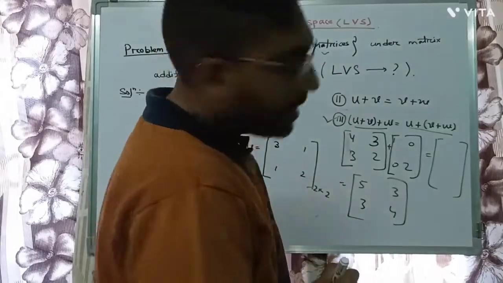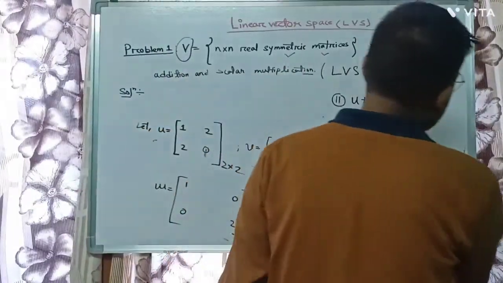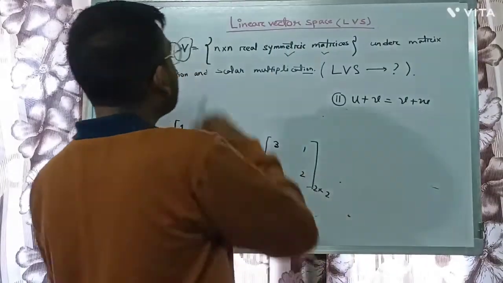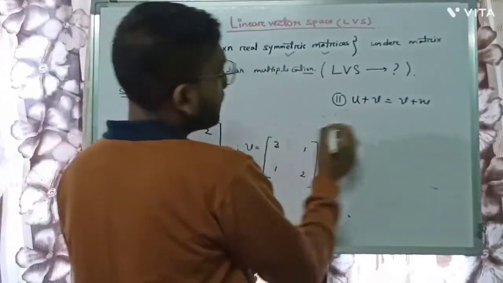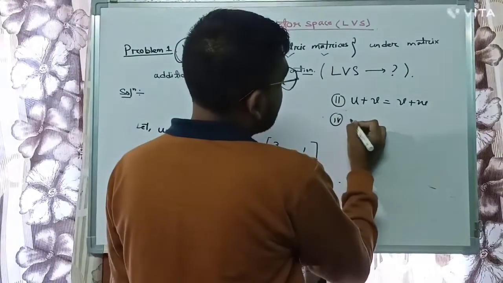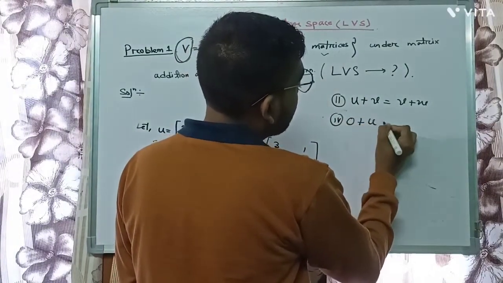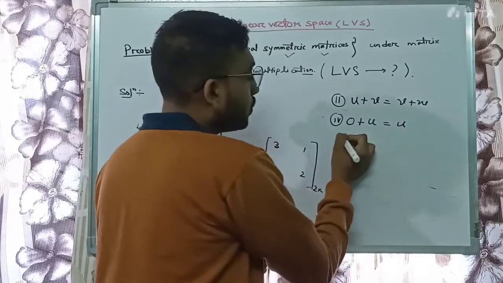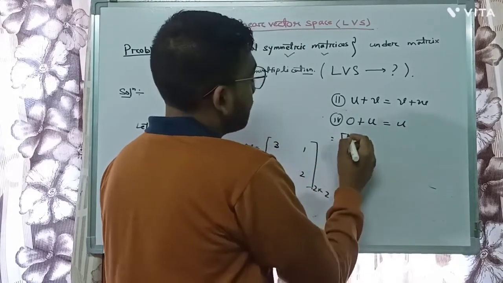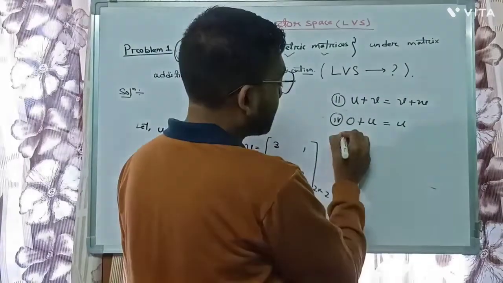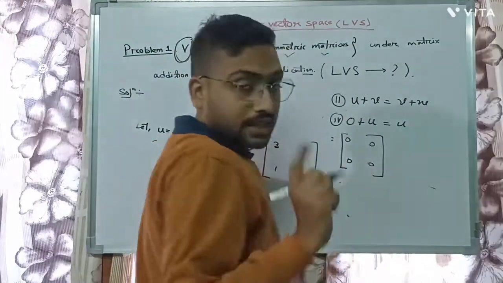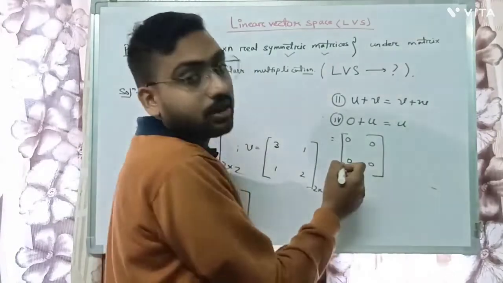So the fourth property is that there must be a zero vector in the set V such that 0 plus the vector U results in the vector itself. So if I consider a zero matrix like 0 0, 0 0, what I have to check is whether this matrix is symmetric or not.